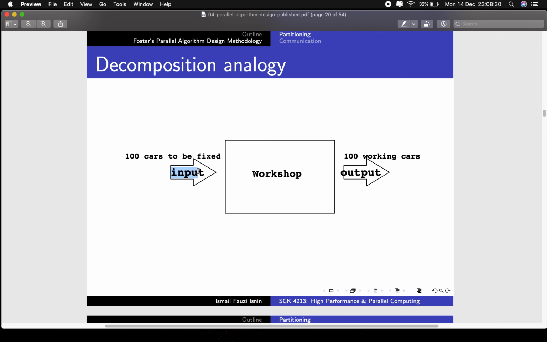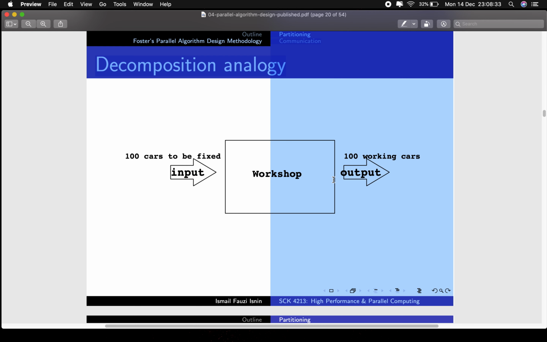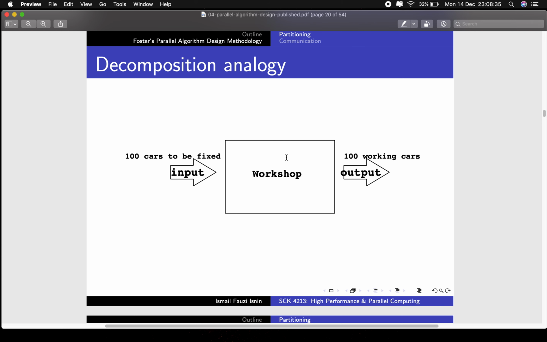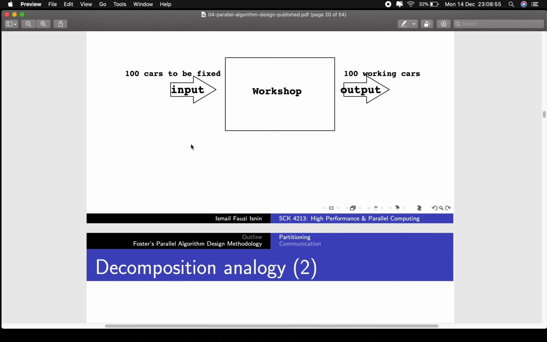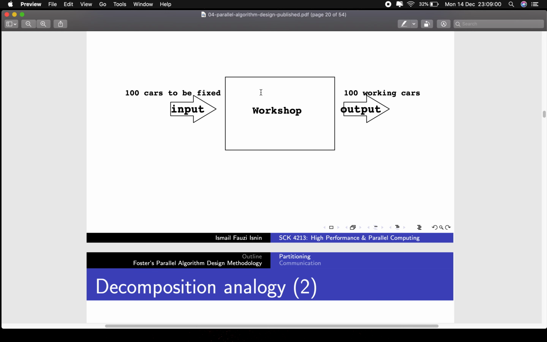Then you send them to the input and you have the workshop, where you will deal with all and try to fix all the broken cars. And your output will be 100 working cars. So you will solve everything under the decomposition method. In this one, because you have one workshop only, you directly handle all of these 100 cars.